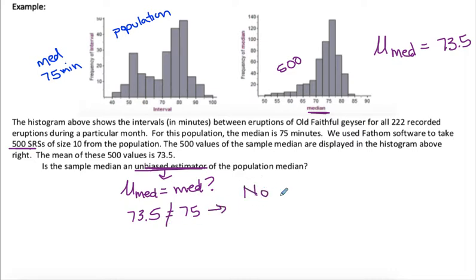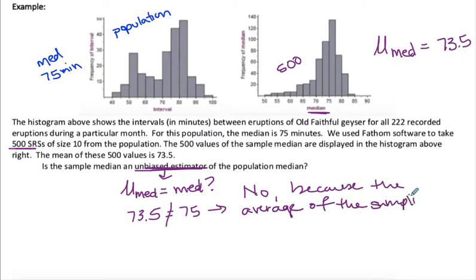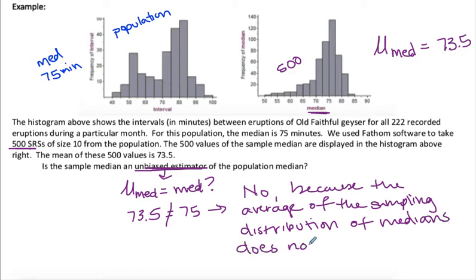So we would say no, because the average of the sampling distribution of medians does not equal the population median.